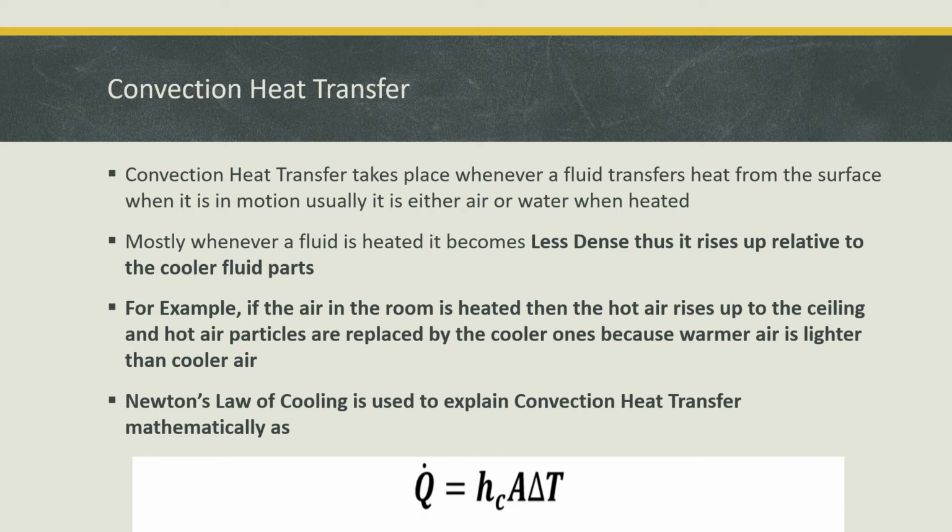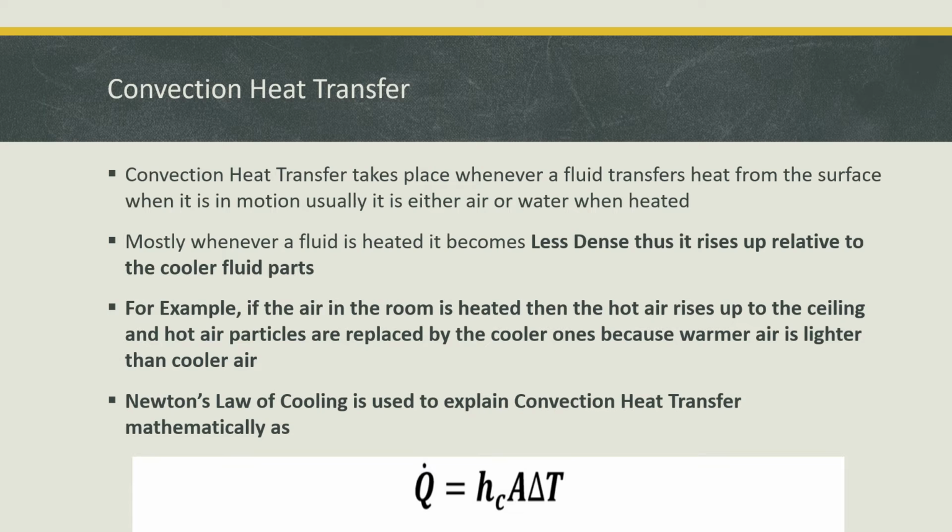Convection heat transfer. This is the transfer of heat when a fluid transfers heat from a surface whenever it is heated. When a substance like a fluid, whether gas or liquid, for example air or water, is heated, the particles move further and get high motion.